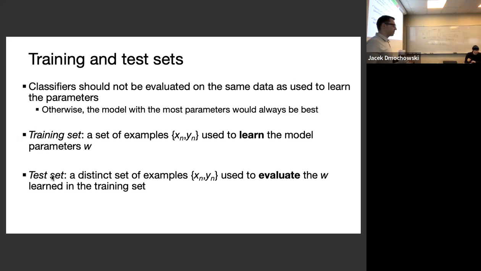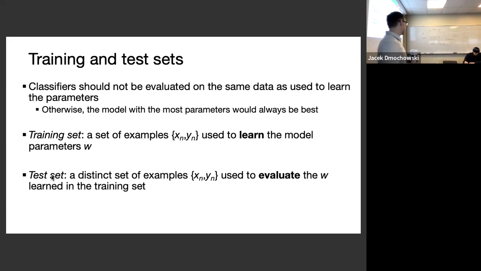You can try this out. If you have a regression problem, just add random noise to it and fit a model. Adding more parameters will always decrease your training loss, so it'll always make your performance look better. That's a very good indicator of why training loss is not a good metric for your model.